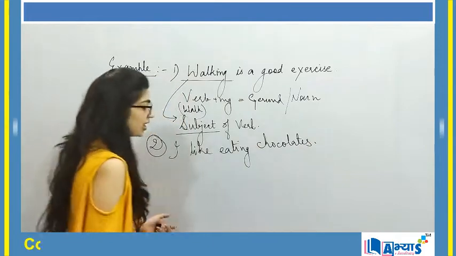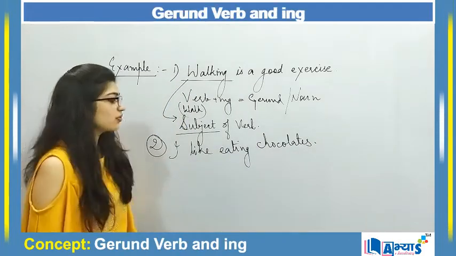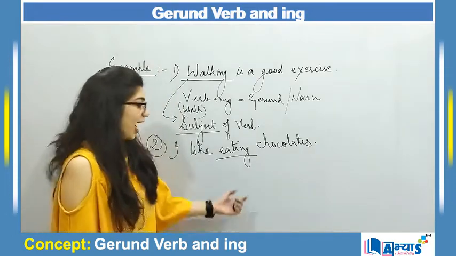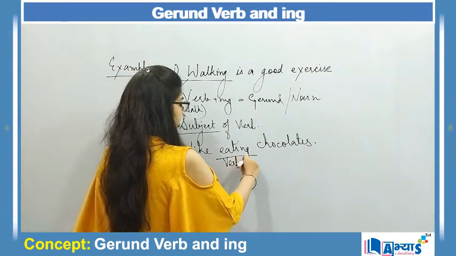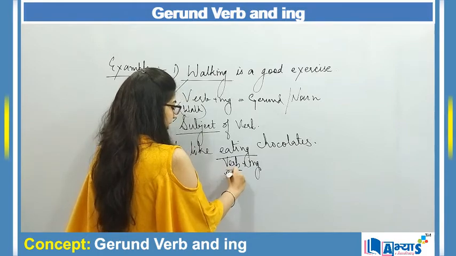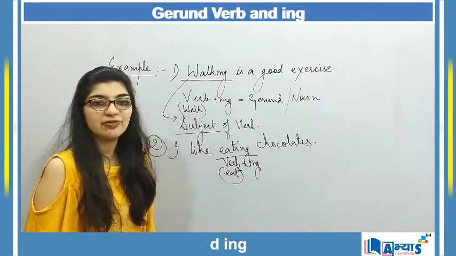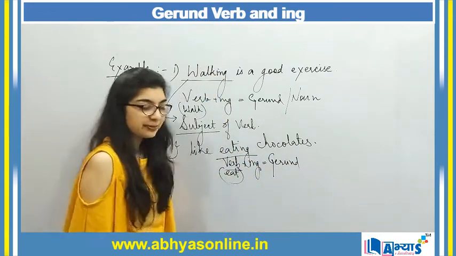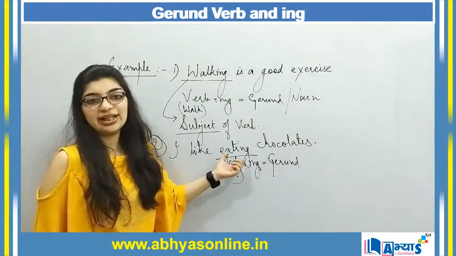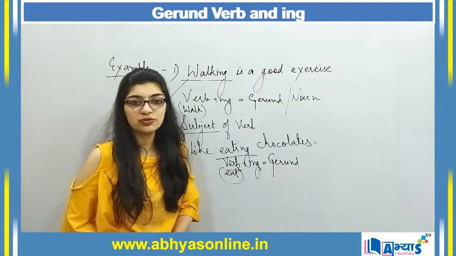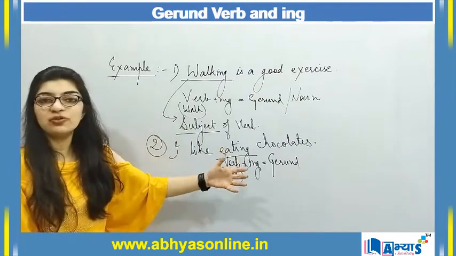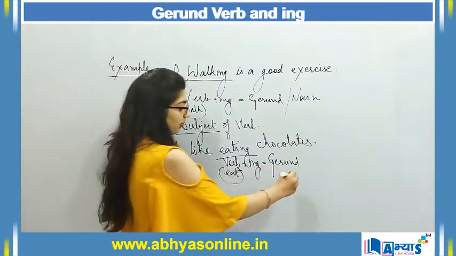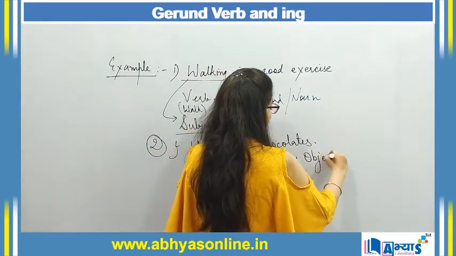When I say I like eating chocolates, if someone asks you to find the verb, I will say that eating here is a verb, and since eating is a verb followed by ing, and the verb is eat, definitely eating is considered to be a gerund, right? And here eating acts as an object of the verb. Why? Because it is somewhere in the middle of the sentence and it is not at the beginning, therefore it is considered to be the object of the verb.